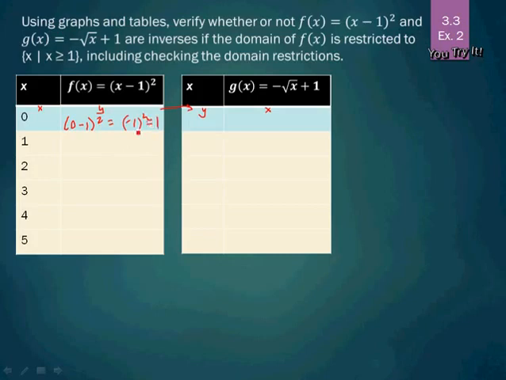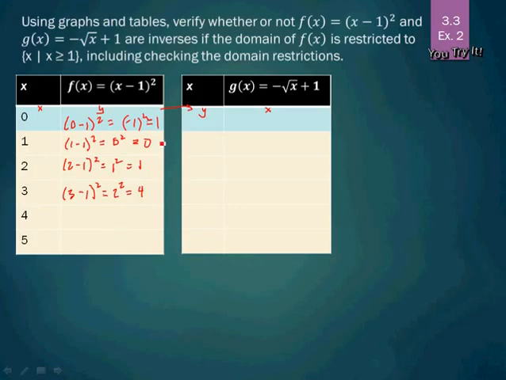Then 1 minus 1 squared. 1 minus 1 is 0, squared is 0. 2 minus 1 squared. 2 minus 1 is 1, squared is 1. And 3 minus 1 squared. 3 minus 1 is 2, squared is 4. I'm not going to do the rest of these rows. You do this exact same process, but just for the sake of time, I'm going to keep going.